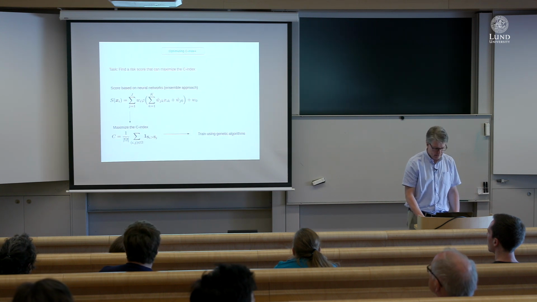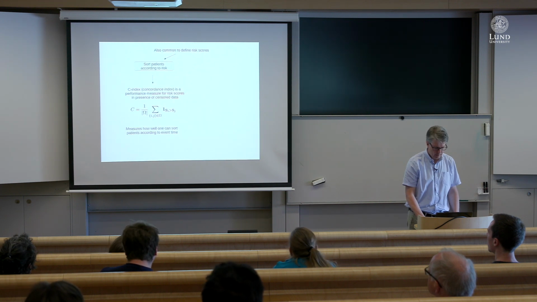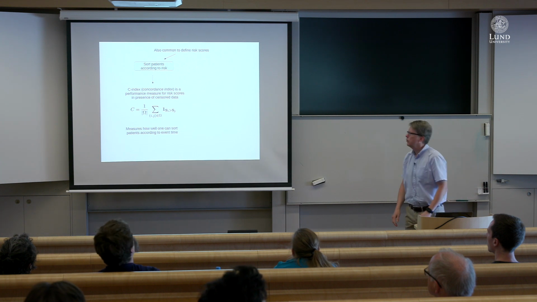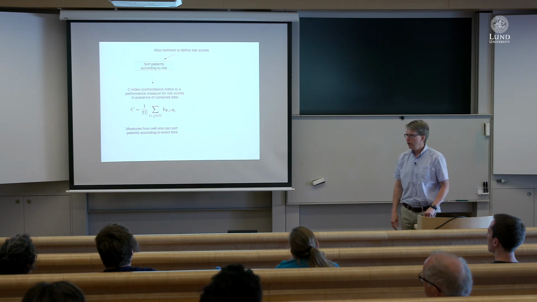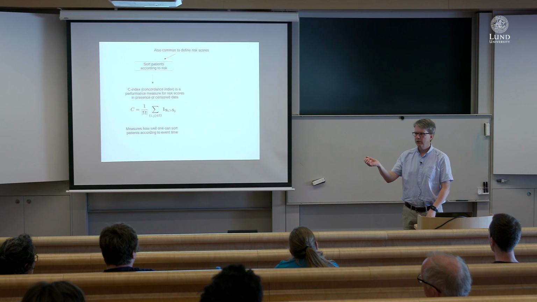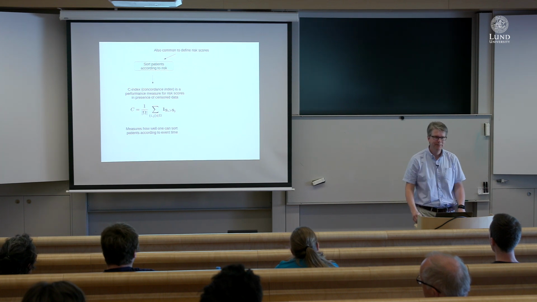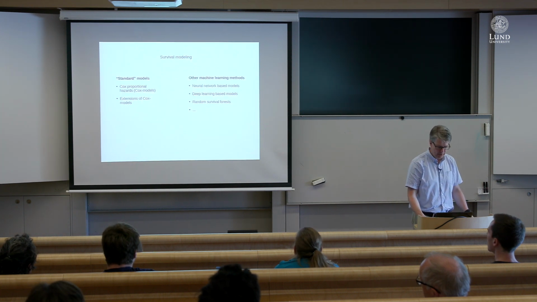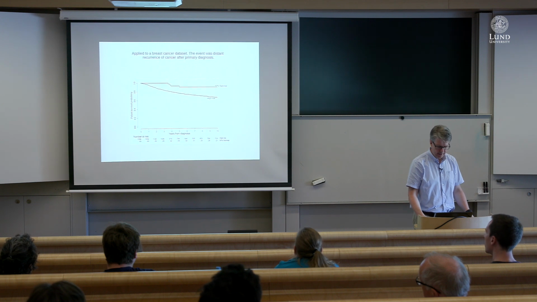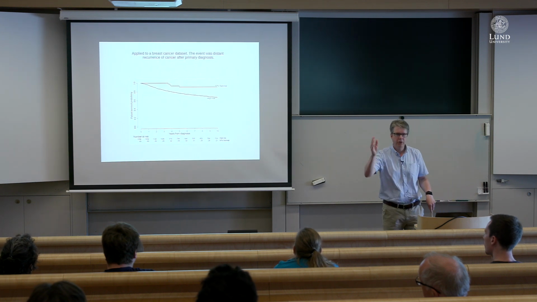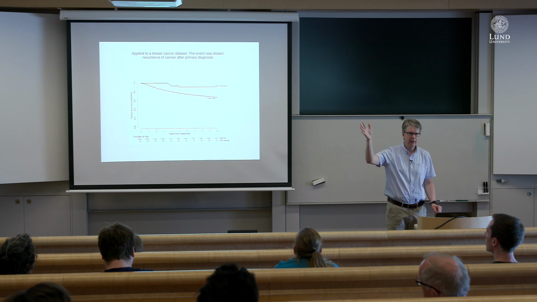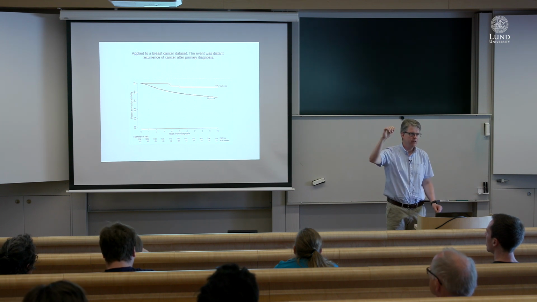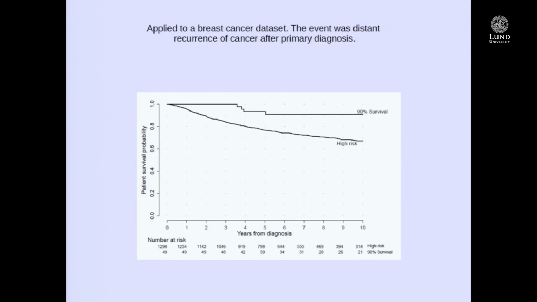So if I go back here and say, sort patients according to risk, so you have a risk score. What is typically done anyway with that risk score is to define risk groups. If I have a risk score, I can put a cut on the risk score and say if you are above that cut, you are in the high risk group, or otherwise the low risk group.